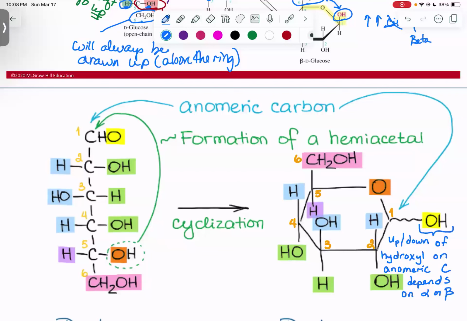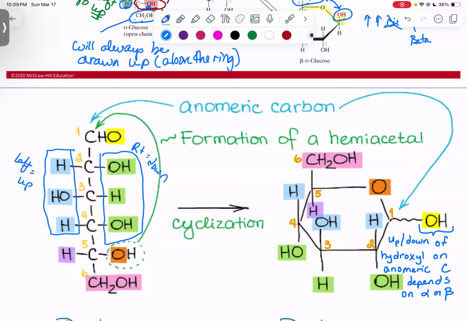And so remember how we said anything that you have on this side of the molecule, if it's on the right, what's going to happen to it? It's going to go down. If it's on the left, it's going to go up. And then remember, we don't really worry when we get to that last chiral carbon.